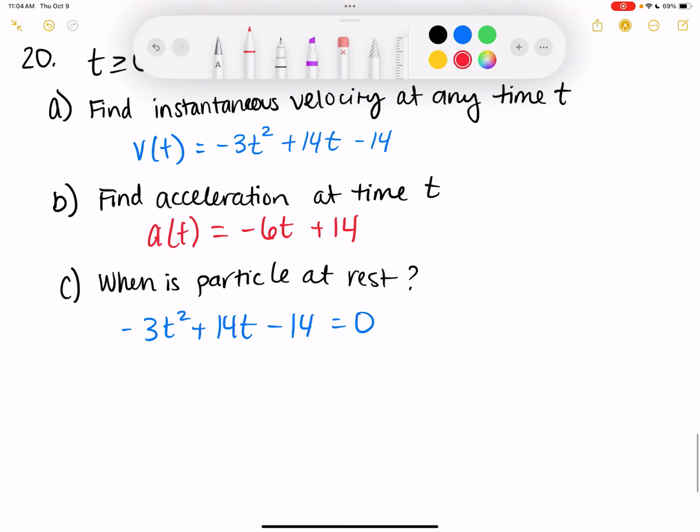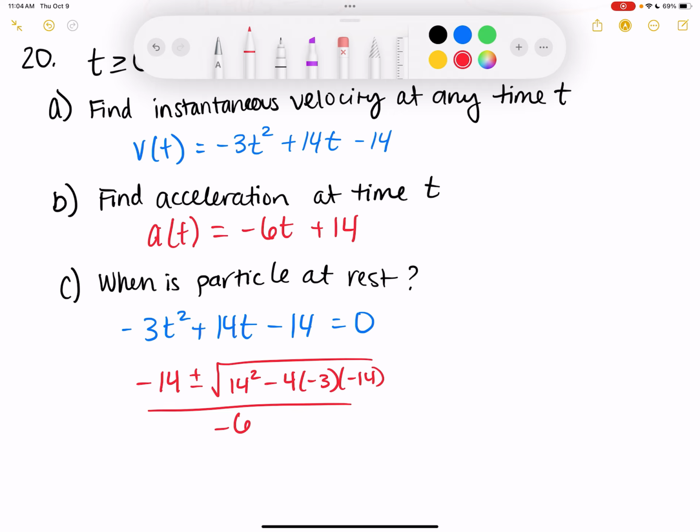So negative 14 plus or minus the square root of 14 squared minus 4 times negative 3 times negative 14, all over 2 times negative 3, so that's negative 6 on the bottom. And pretty much at this point I would grab my calculator and do it, and obviously you'll have two different answers because you've got the plus or the minus.